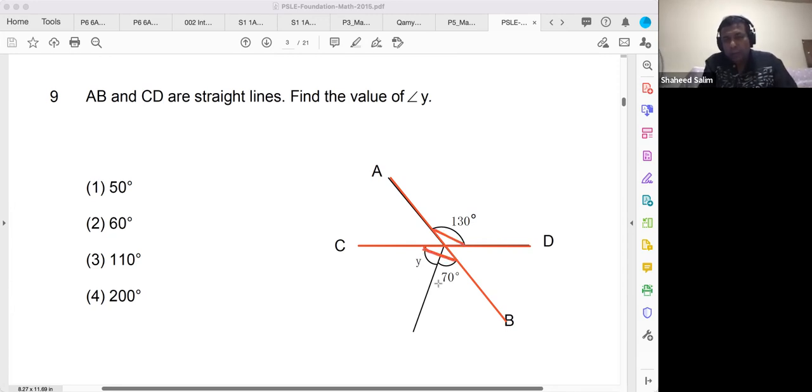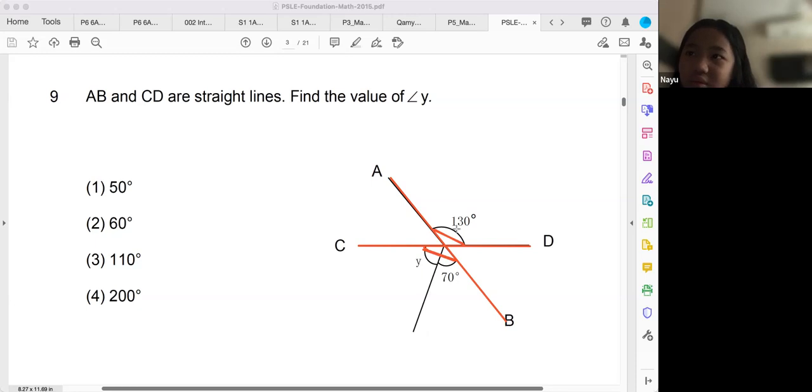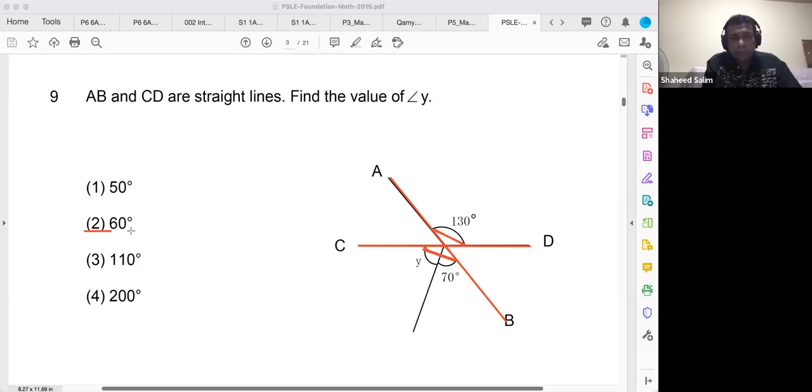So that means y plus 70 is 130. Y plus 70 is 130. So what is y? They are the same. 130 equals the two angles. 60, yeah? So 130 minus 70, I get 60. Because these two angles are the same as this one.